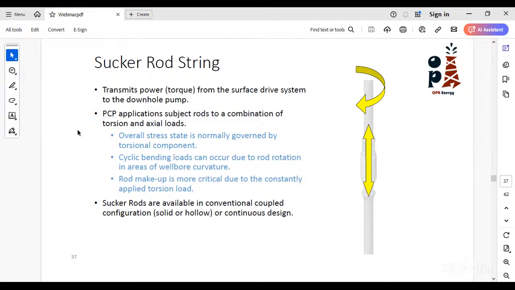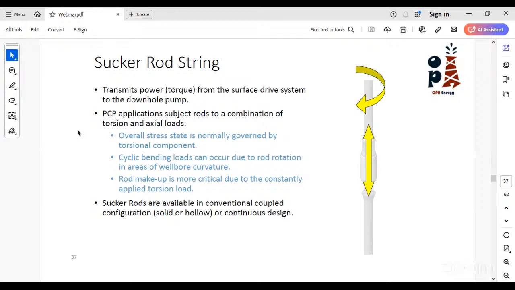Of course, because of the length of the rods, they are also affected by high tension, especially on the most upper parts of the rods themselves, because they are opposed to the weight of the rods themselves, and so we call it axial loads.